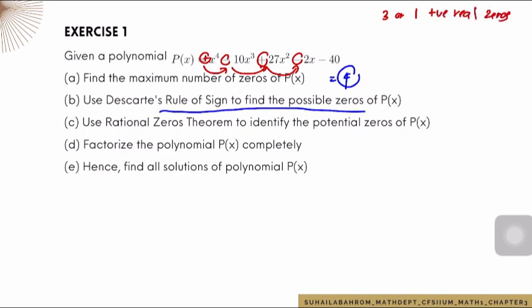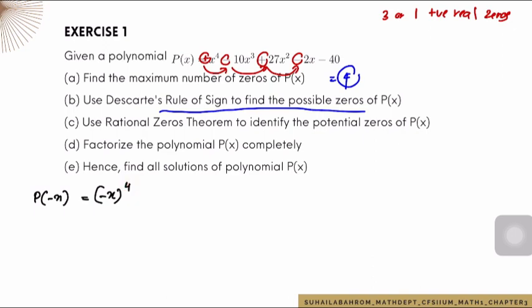And then for the negative real zeros, we have to substitute x with negative x. So you will have here negative x to the power of 4. Make sure you put the negative x inside the bracket, and the power of 4 outside the bracket.